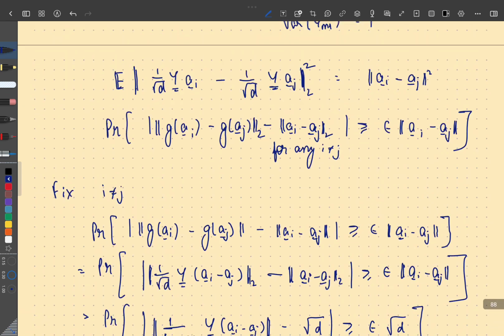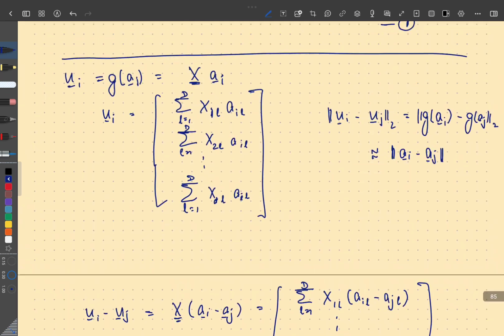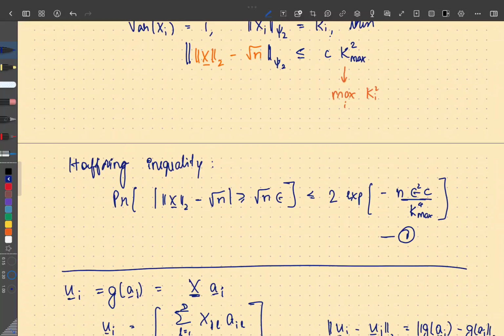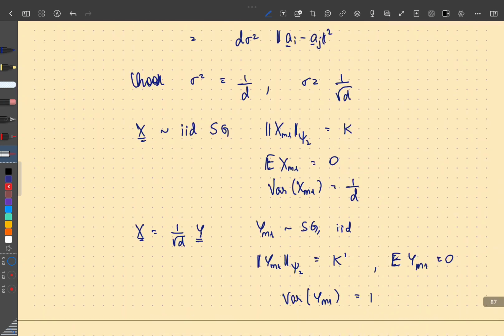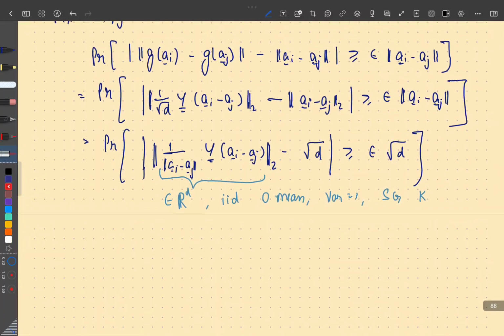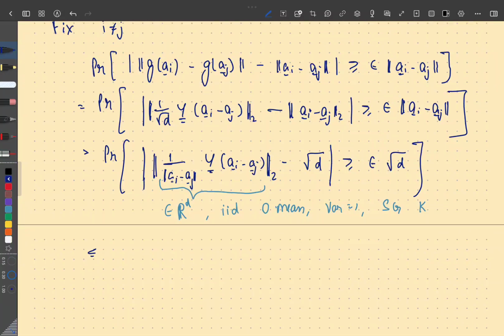Now I can apply this particular lemma that I had over here, this Hoeffding's inequality, to show that this is less than or equal to 2 times e to the power of minus some universal constant times d times epsilon square divided by k to the power 4.